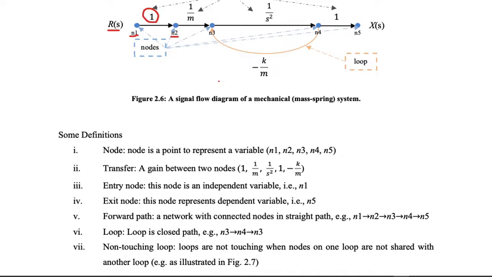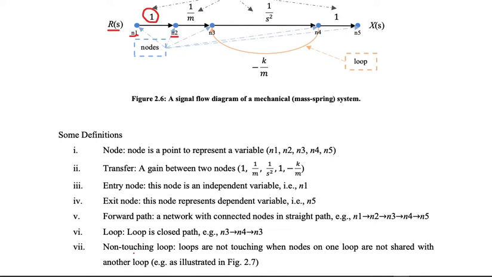And then we have the entry node. In this case it is N1, and the entry node is always an independent variable. Then we have the exit node. An exit node is a dependent variable. It can be N4, it can be N3, as long as it is dependent on other nodes. Clearly, if we consider figure 2.6, the dependent variable can be N5, N4, and so on.